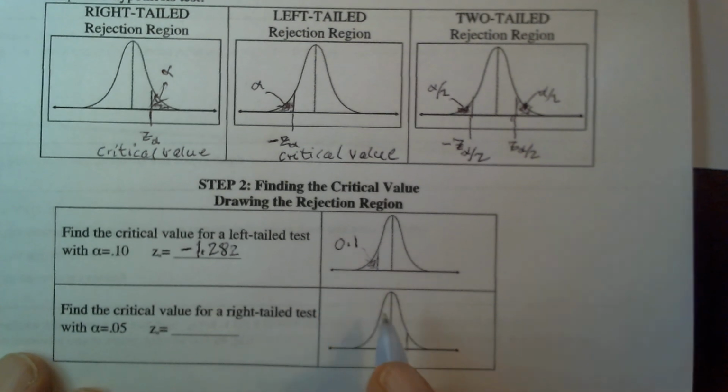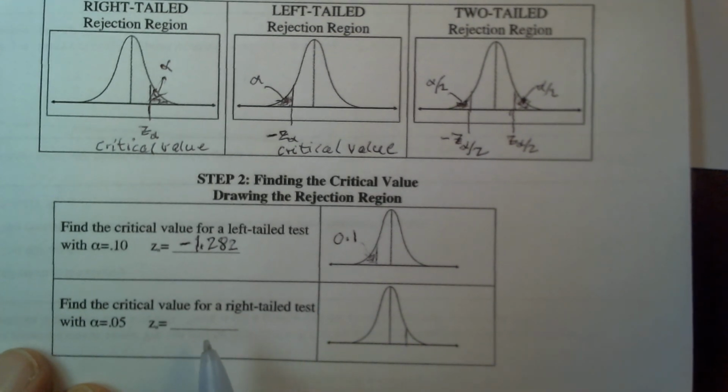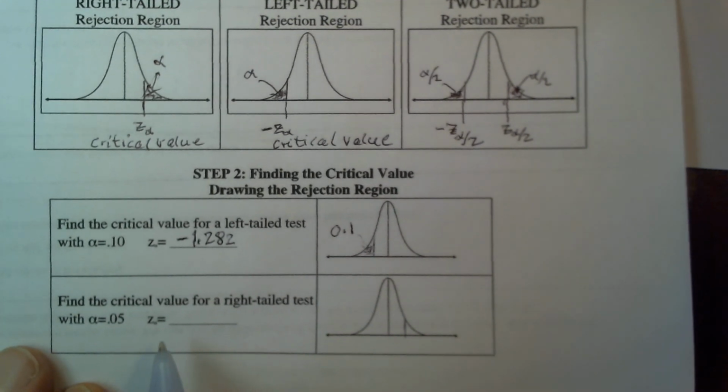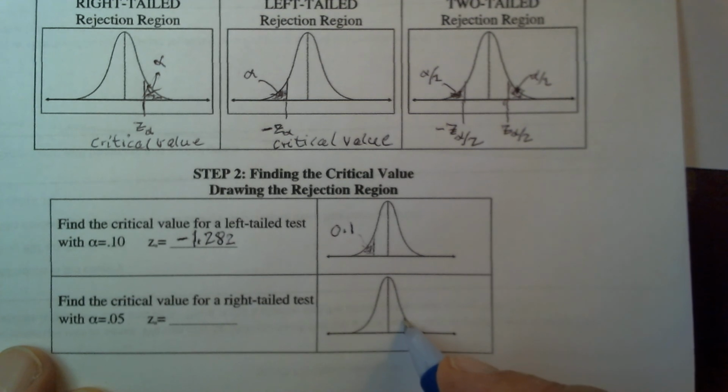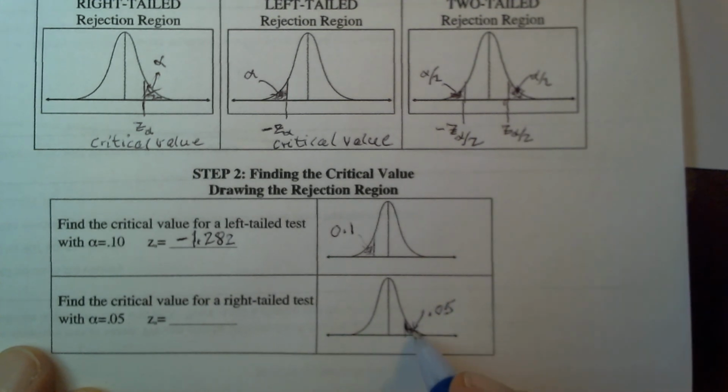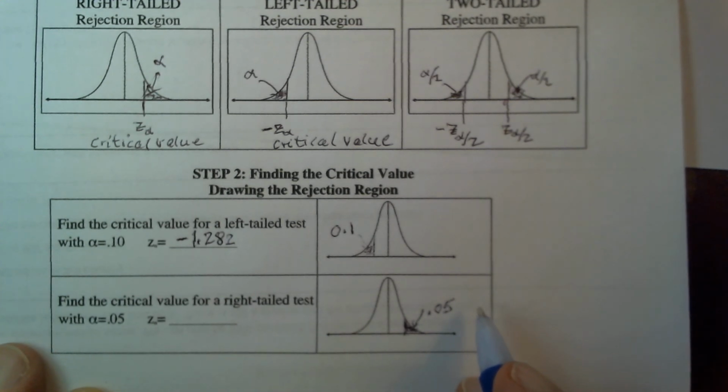Now, when we have a right-tailed test, we look for the critical value for alpha equals 0.05. So again, the area here is equal to 0.05. We can do it in one of two ways.